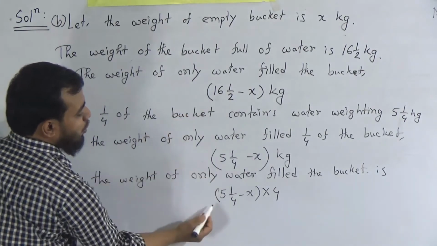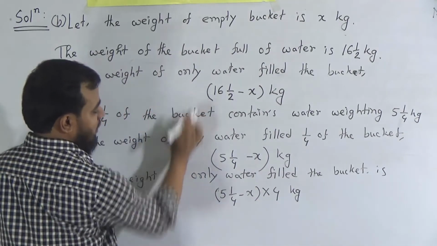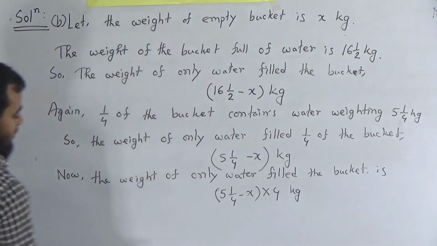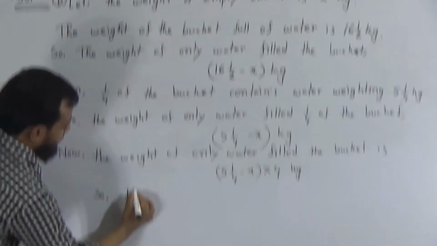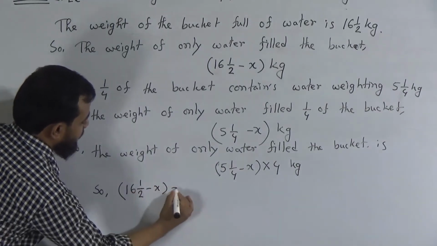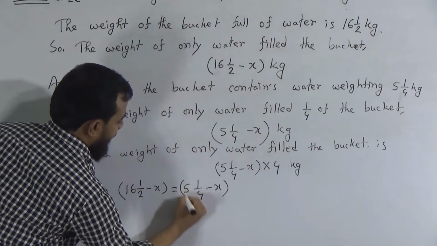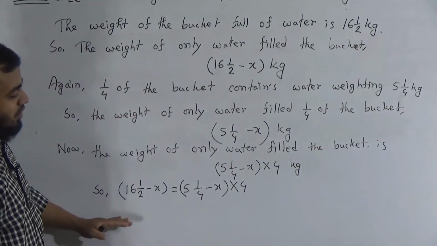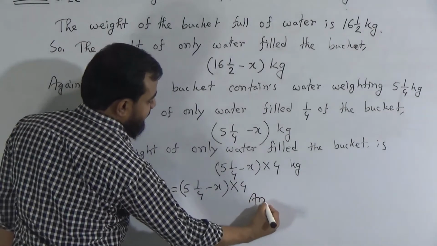That means these two weights are the same, so we can write this one equal to this one. That means 16 1/2 minus x is equal to 5 1/4 minus x, multiplied by 4. This is our required equation. You can write this down as the answer here.